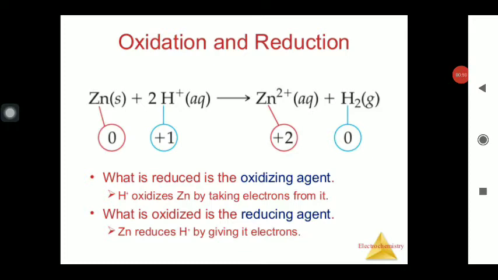First of all, to study the electrochemical aspect of the redox reaction, we have to study how redox reactions can be classified. On the basis of the complete analysis, we conclude that redox reactions can be classified into two categories.